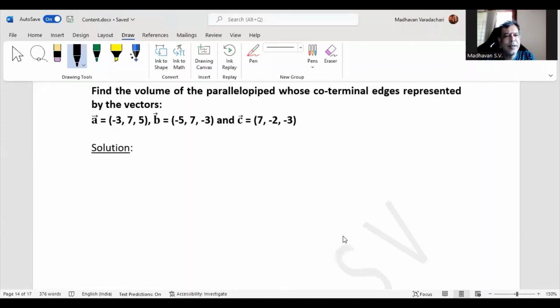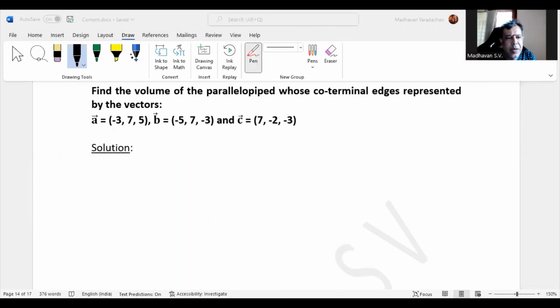In this question, it is said, find the volume of the parallelopiped whose coterminal edges are represented by the vectors. Vector A, which is minus 3, 7, and 5. Vector B, minus 5, 7, and minus 3. And vector C is 7, minus 2, and minus 3.